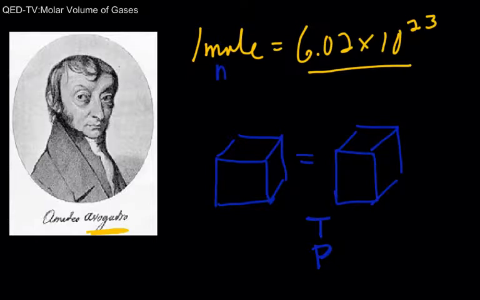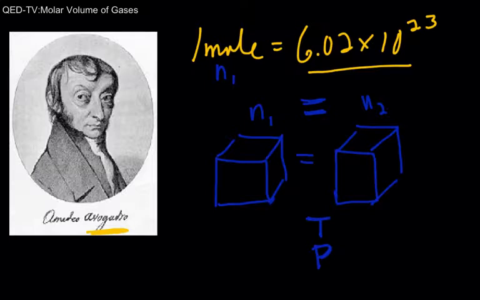Moles is usually given by the letter N. So if we figured out how many moles are in box 1, and how many moles are in box 2, if they have equal volumes of space and they're under the same temperature and same pressure, then equal volumes of gas means equal amount of moles.